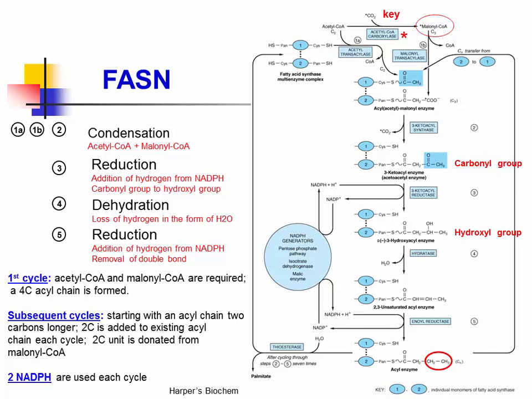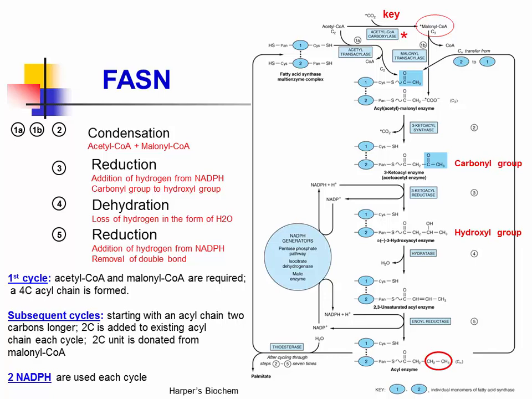But depending on the length of the fatty acids that our body synthesizes, for example, if we synthesize 16-carbon palmitate, how many cycles do you think we'll need to complete the 16-carbon palmitate? 8? 7 actually, because the first cycle already synthesized 4 carbons, right?